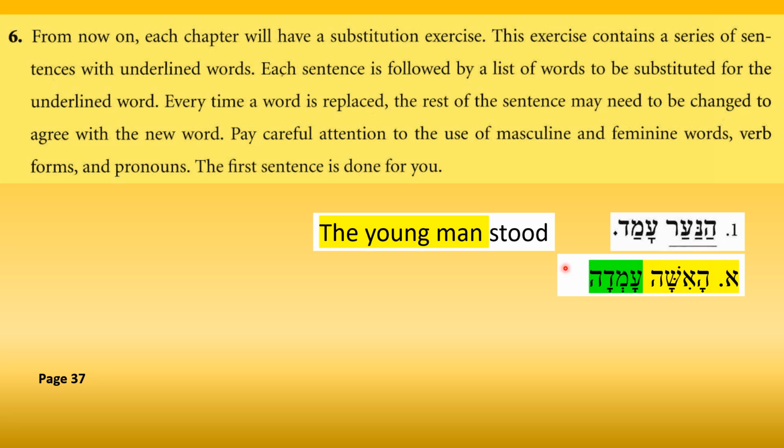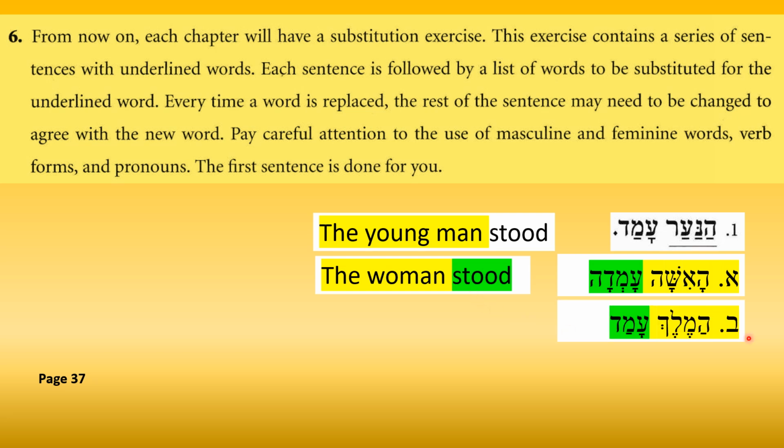So now you know this was masculine, this is feminine. So the verb has to change, has to match the subject. So instead of amad, your verb is da. And then, of course, translate that. The woman stood.